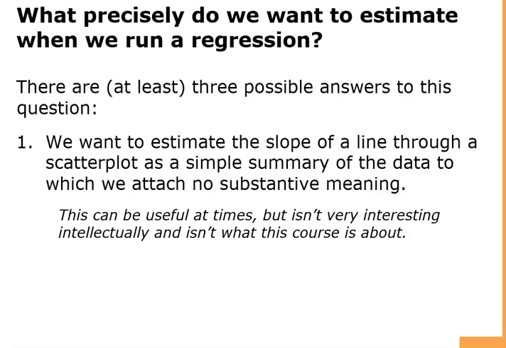So even if we stick a line through the scatter plot of the data, it will not have any sort of economic meaning to it. So this sort of analysis can be useful at times, but is not very interesting intellectually.